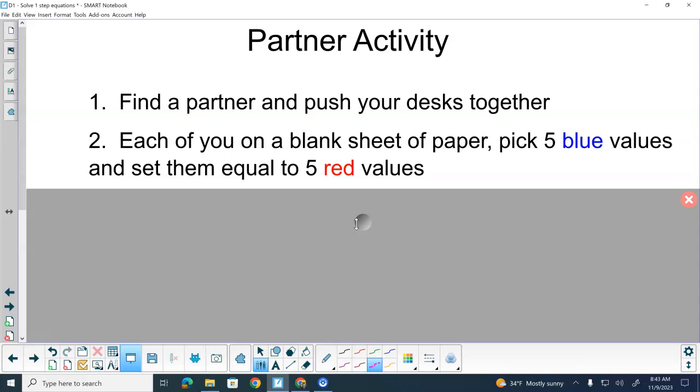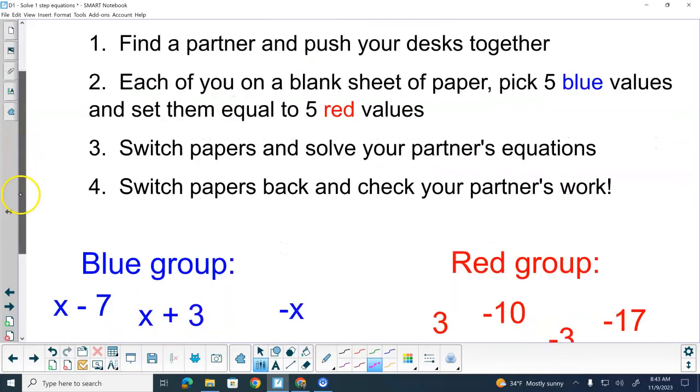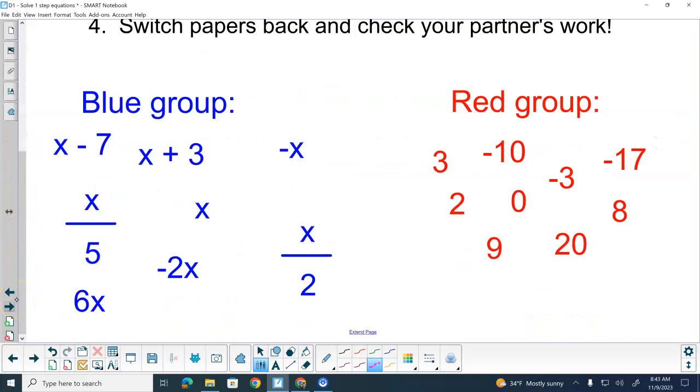They're going to be different. You're going to put all of those up on the top half where it says equation. Here's the blue group, here's the red group. So you need to make 5 equations in equation number 1 box, equation number 2 box, 3 box, 4 box, and 5 box. Go now.